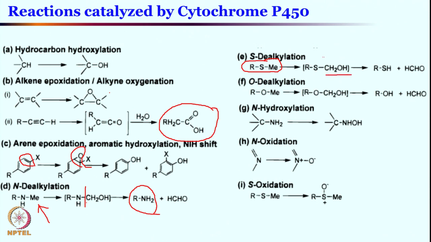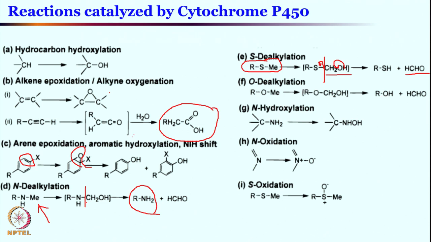Now, this RSCH2OH moiety can then further undergo a cleavage of this C-alkyl bond upon further rearrangement, and so this S-dealkylation can also be possible, right. So, overall RSH is getting generated and formaldehyde is coming out from the reaction.